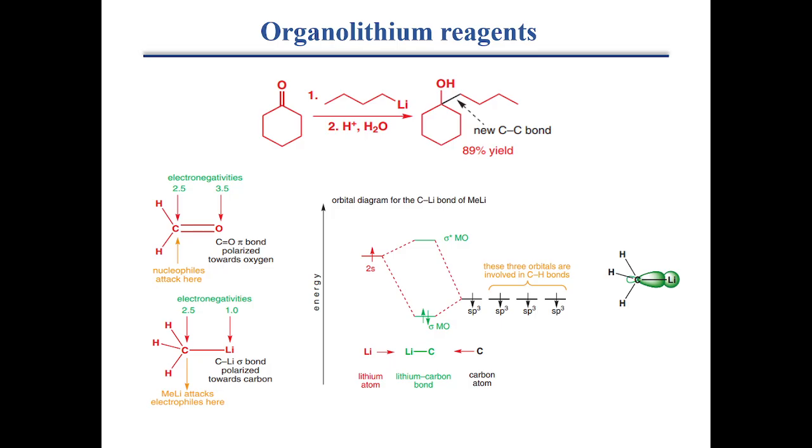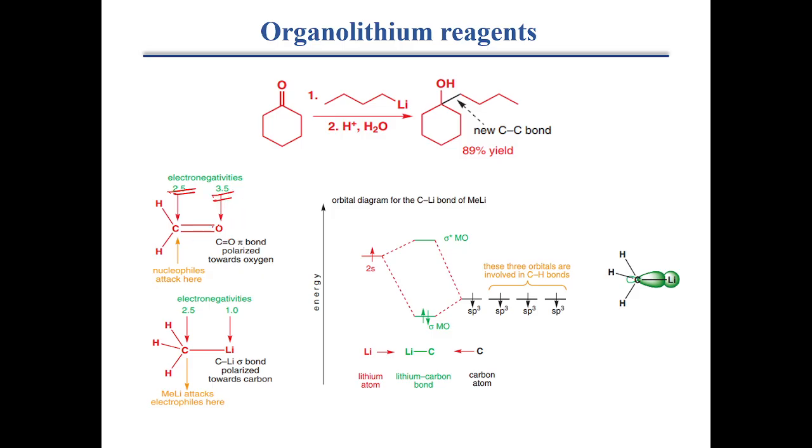If we consider the electronegativity of a carbonyl compound and an organolithium compound, in a carbonyl compound such as formaldehyde, the electronegativity of carbon is 2.5, whereas oxygen is 3.5.